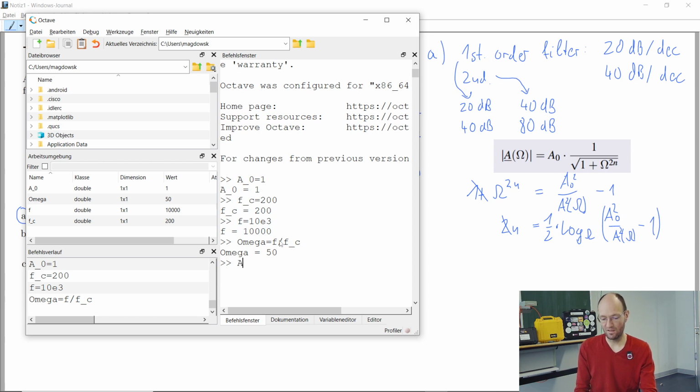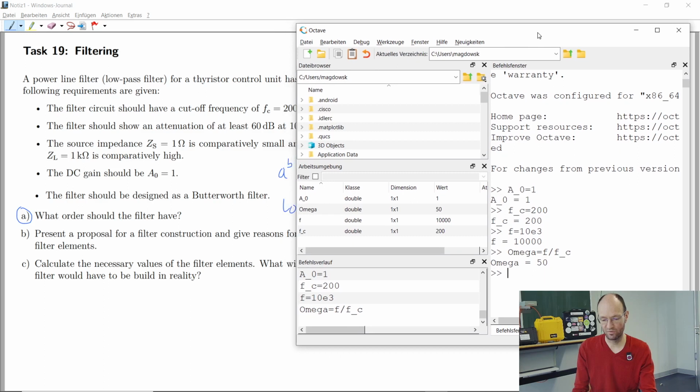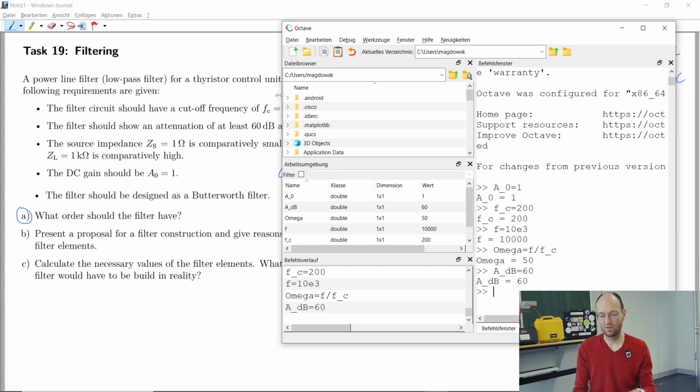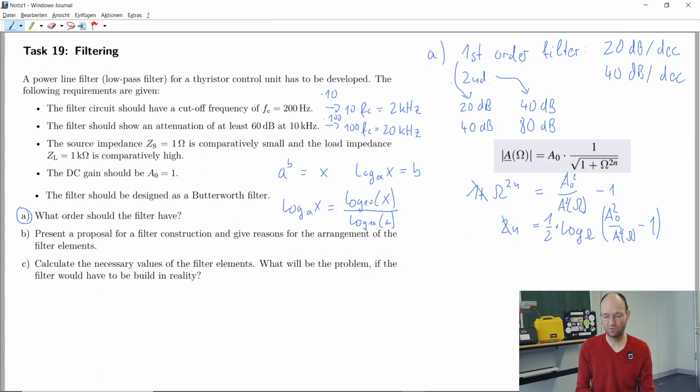And so now A0, okay, and of course we need to have this A, and this A should be 60 dB. So A in dB is 60. How can we convert this 60 dB in some attenuation?